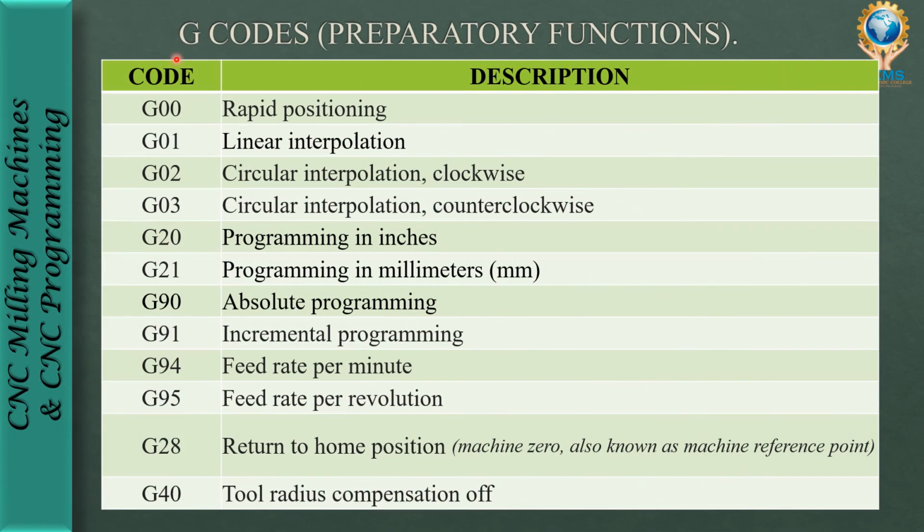There are many types of G codes, starting from G00 to G100 and more than 100, but very few codes are frequently used, and only those we are going to see in this lecture.